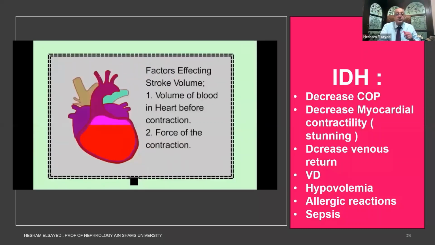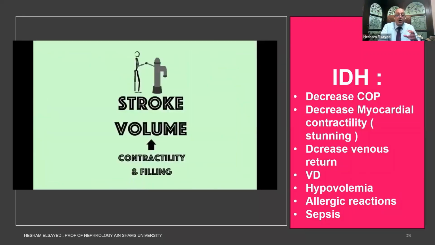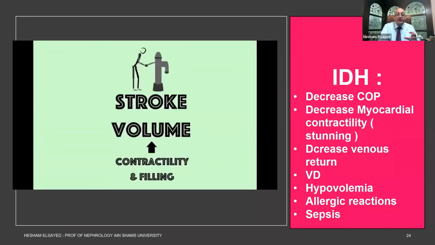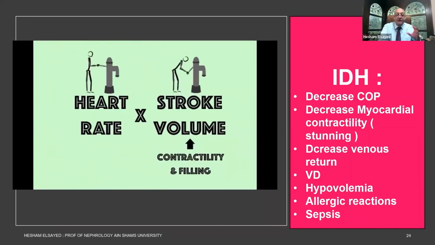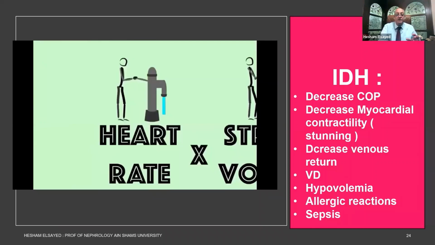So factors like the volume of the blood and the force of contraction drive the stroke volume. As a compensation, the heart will increase the heart rate and increase the stroke volume in normal patients to replace what is lost in dialysis from the ultrafiltration.